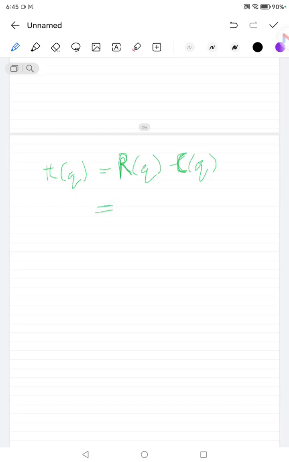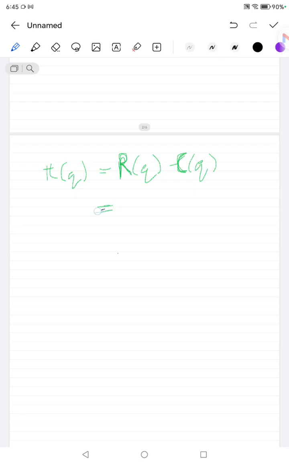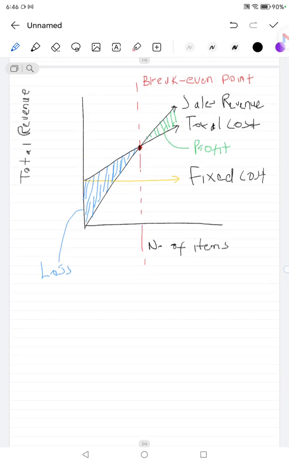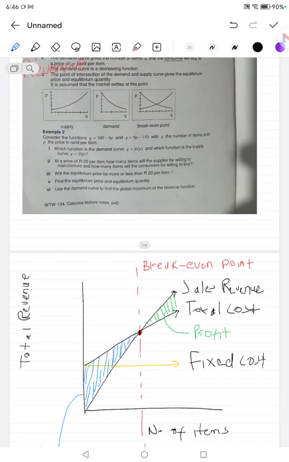And you know from the example that the revenue you will be making from selling the shirts is your 120. Just to go back and confirm, they're saying t-shirts that you sell for 120, then the cost that you are incurring is 66 rand to buy and print a t-shirt.